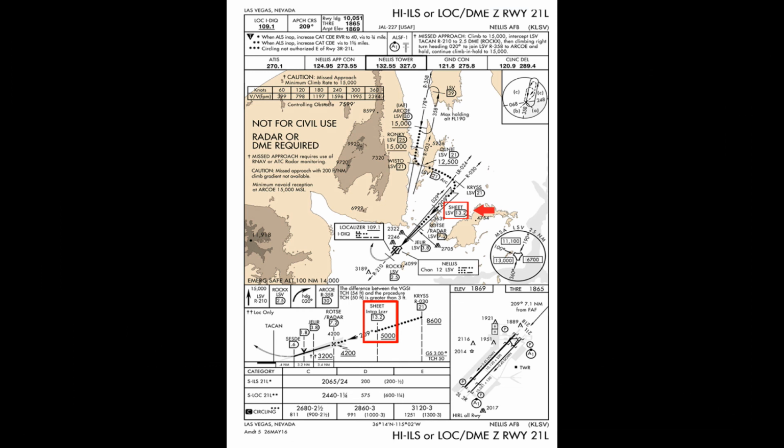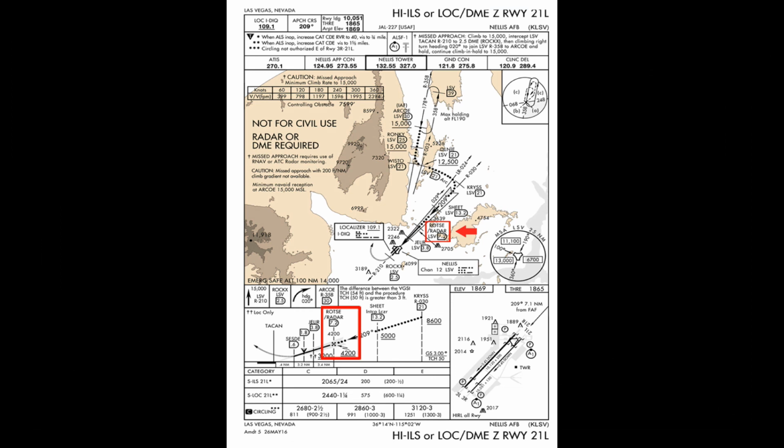Next, you're going to be continuing on course 209 as indicated by your HSI and your localizer, and you will be descending to ROTSE. This is also a radar point, and you will be 7.2 miles from LSV at an altitude of 4,200 feet.